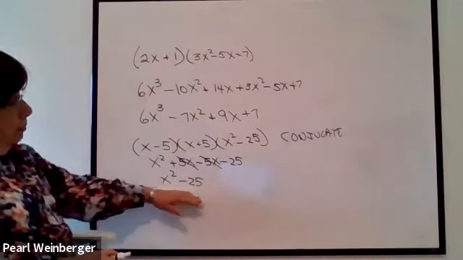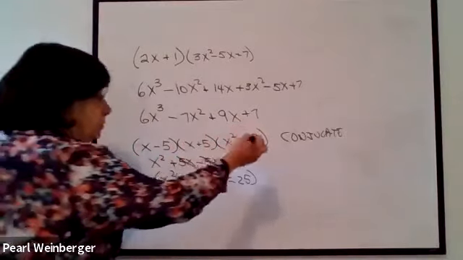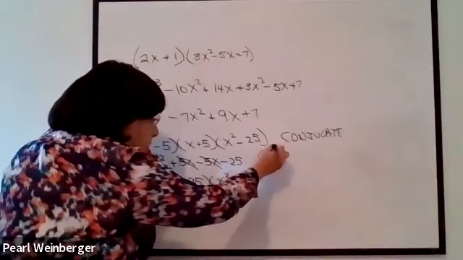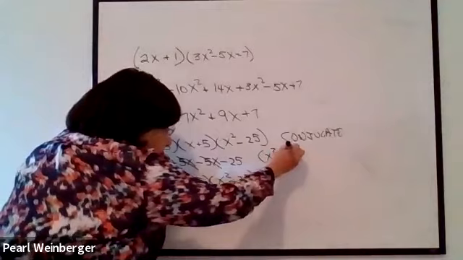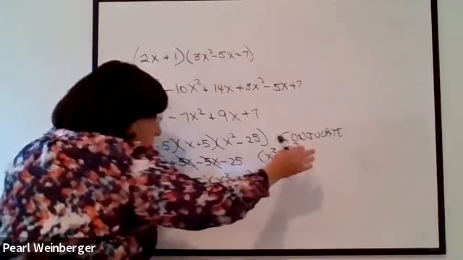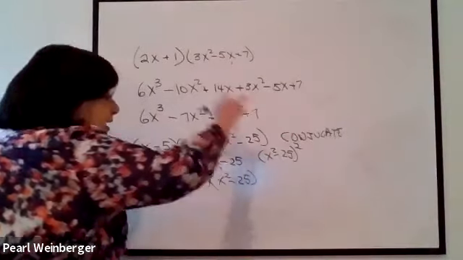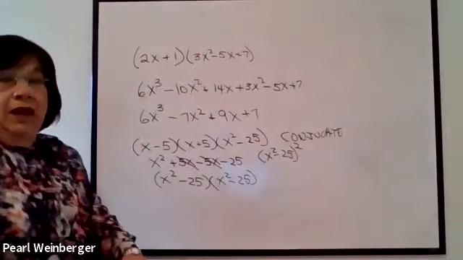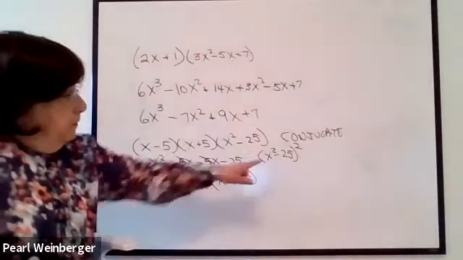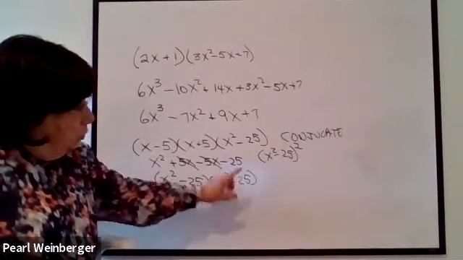We are actually asking us to square x squared minus 25. It's as if we had taken the parentheses and put a 2 exponent there. X squared minus 25 squared really means x squared minus 25 times x squared minus 25.